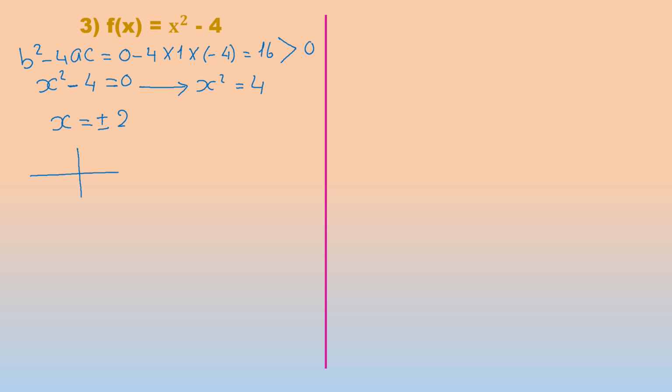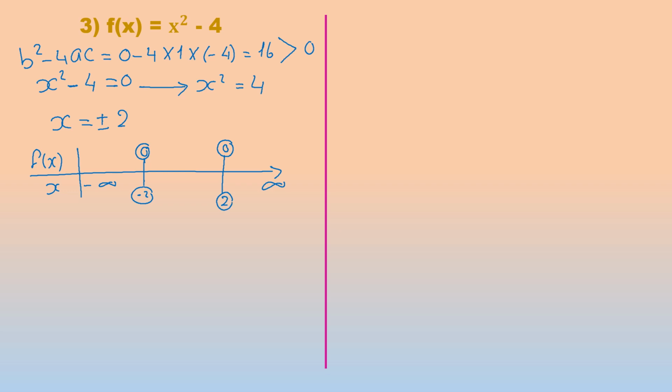The representation is negative infinity, infinity, x, f of x. If y is 0, x is negative 2. If y is 0, x is 2.